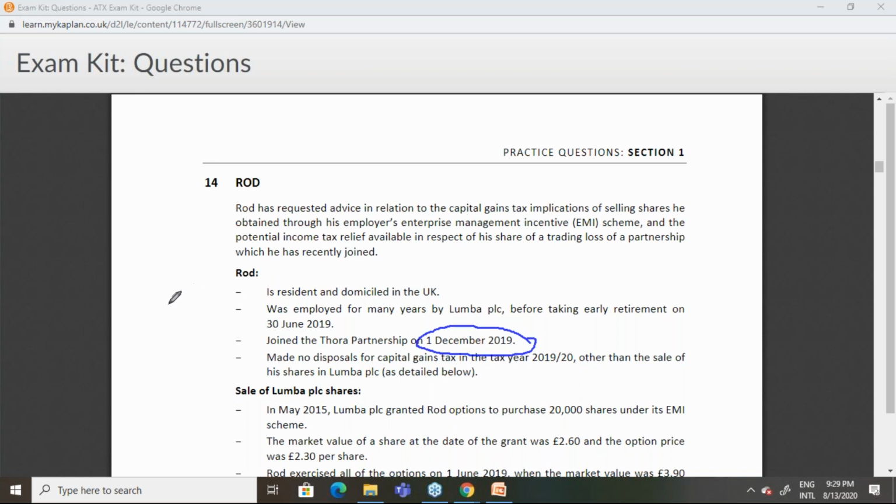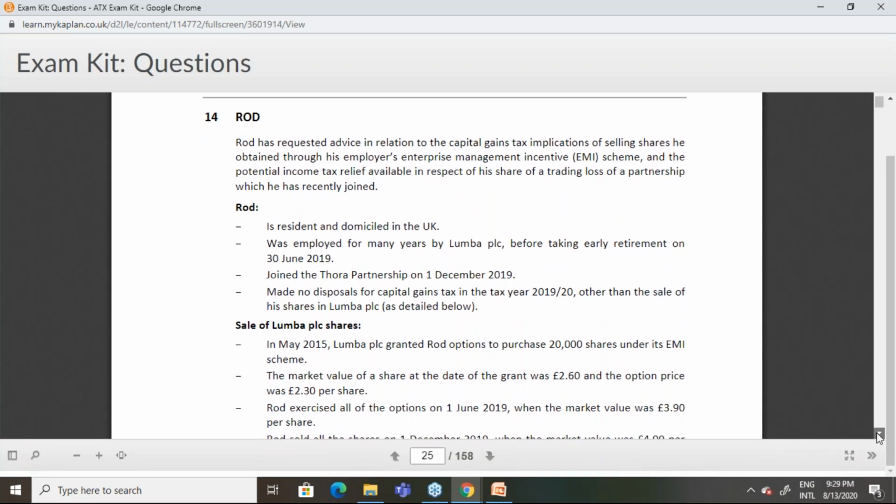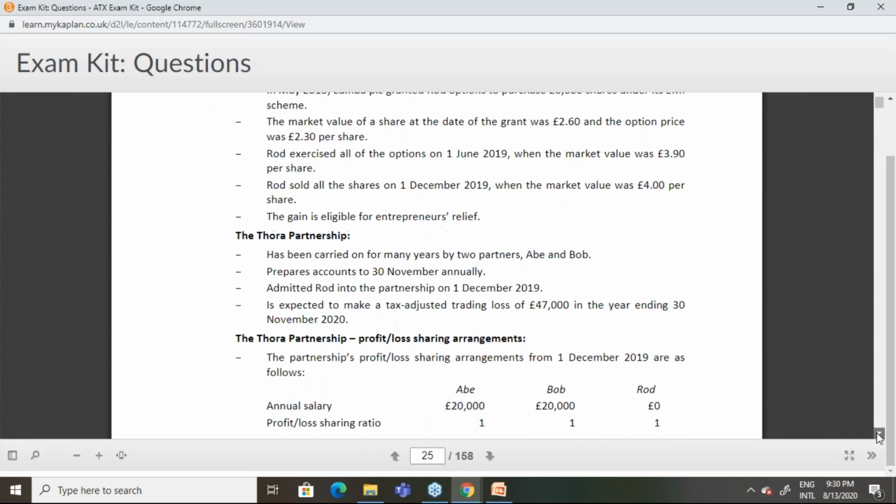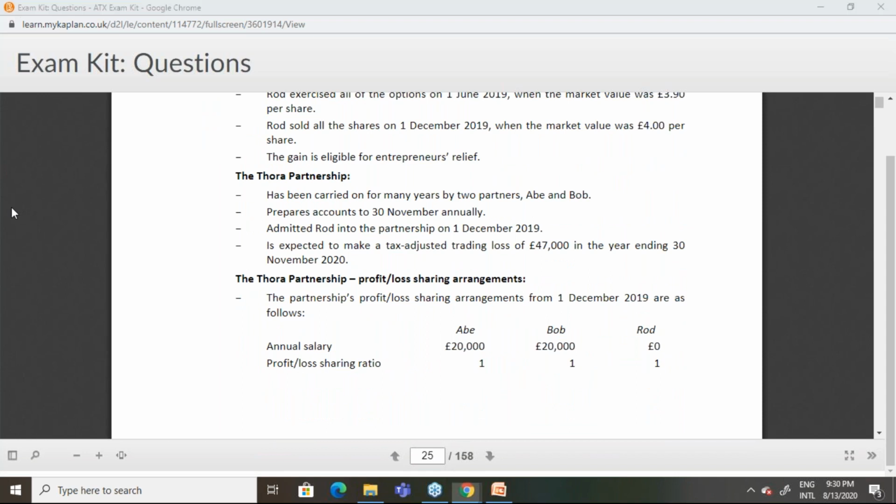Only the 1st of December 2019 part is relevant for this question. The sale of Lumba PLC shares is not relevant to answer part B, but this is important. The Torah partnership has been carried on for many years by two partners, Abe and Bob, but that's not relevant to us because Rod joined the business on the 1st of December 2019.